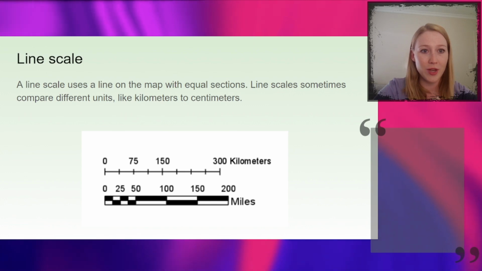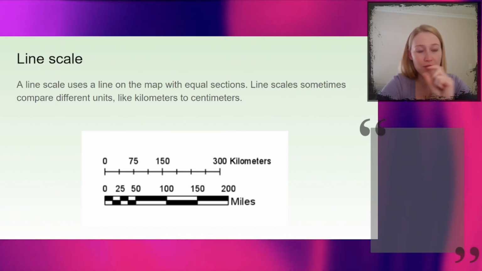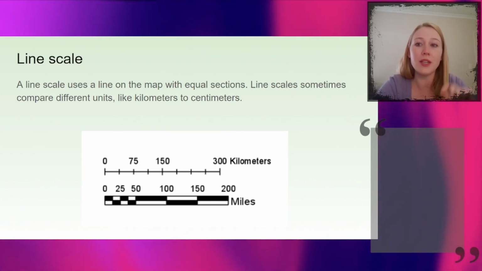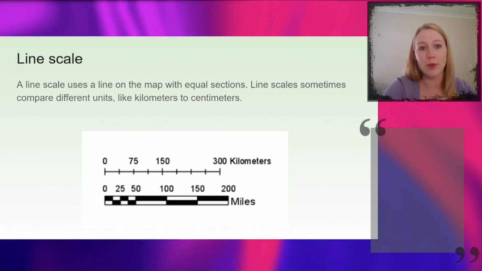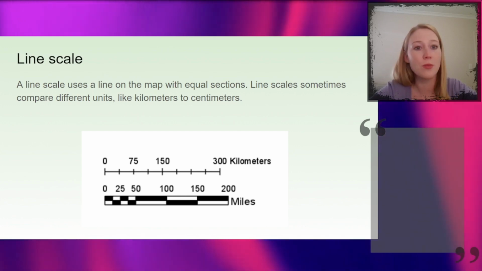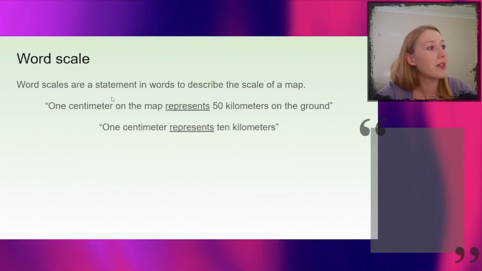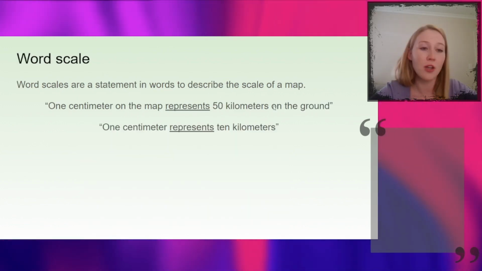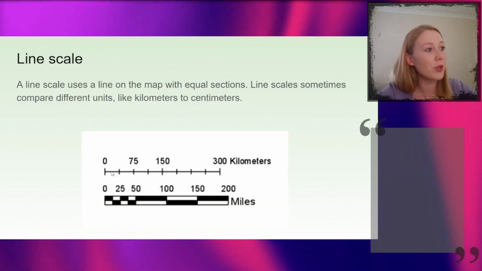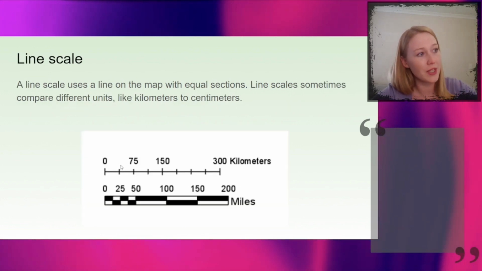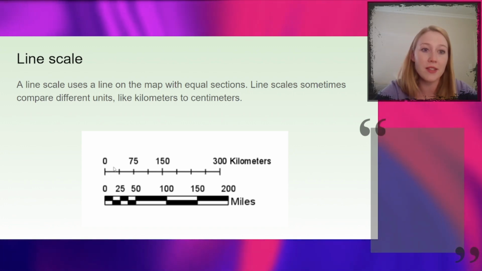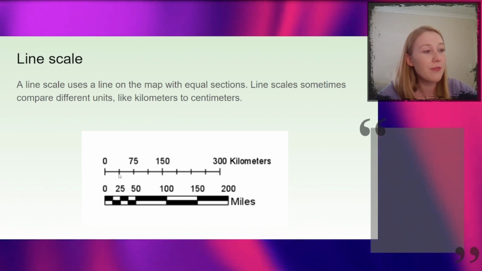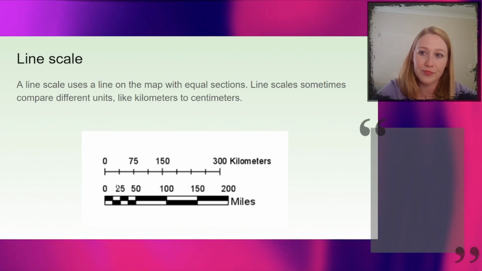Okay, we'll take a look at one. So line scales have these little intervals, and each interval will have a set distance that it's representing. So let's go back to the previous one. 1 centimeter represents 50 kilometers. So it might have an interval like from there to there that is a centimeter, and on that scale, it will then have a little 50 or something like that over there.